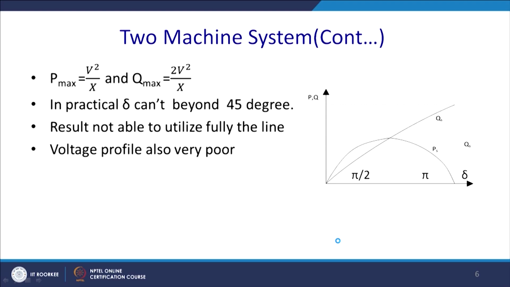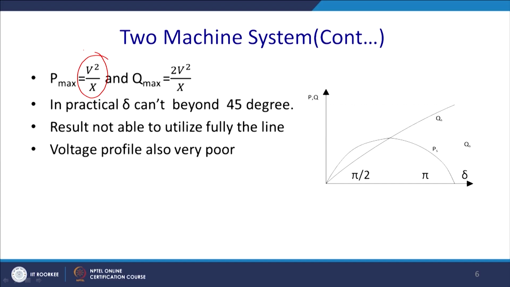The maximum value of the power depends on the sending end voltage, the receiving end voltage, and the sine of the angle between them. So the maximum value of the power will be V square by x, that is the real power, and the reactive power will be 2 V square by x in this case.